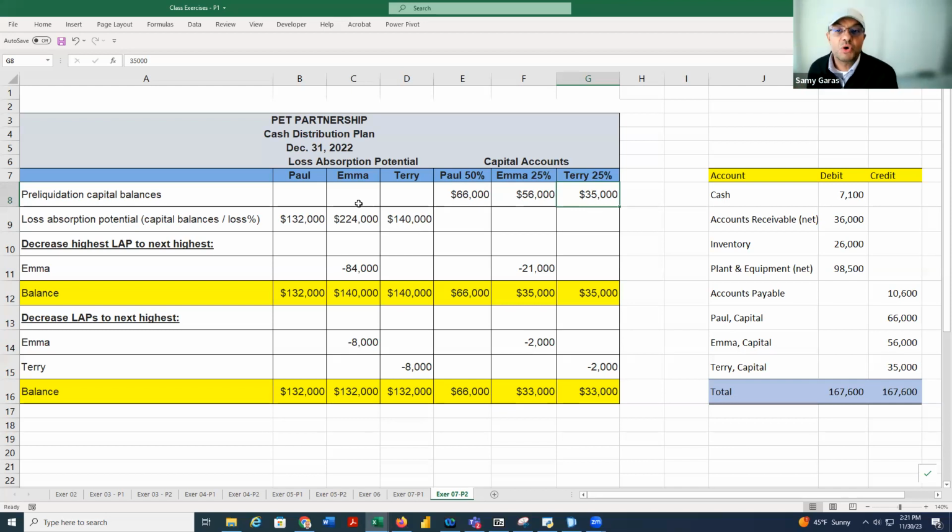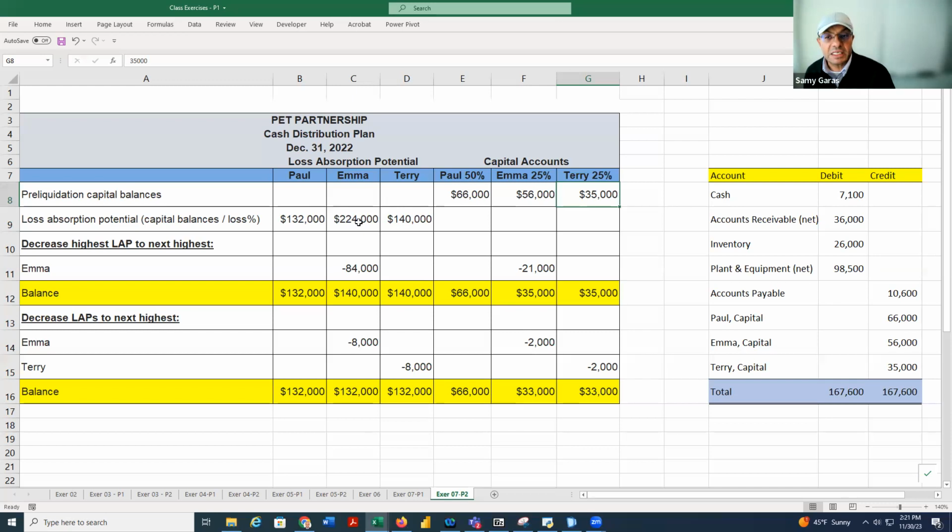So what shall we do? We go by the highest. This one is the highest loss absorption potential. So we subtract from 224 the lower one. So we have 224, then 140, then 132.